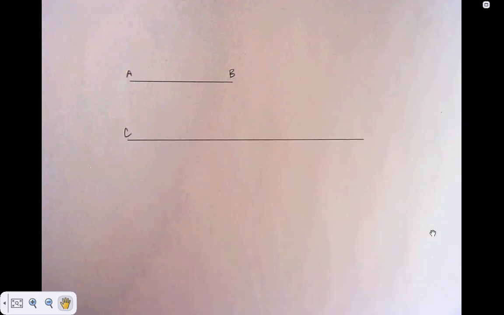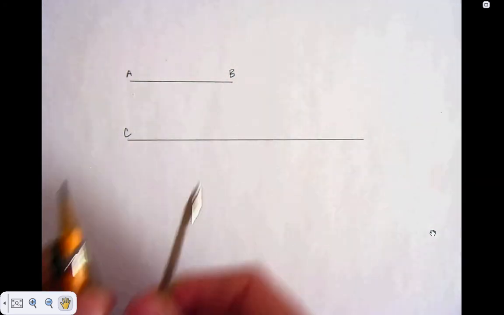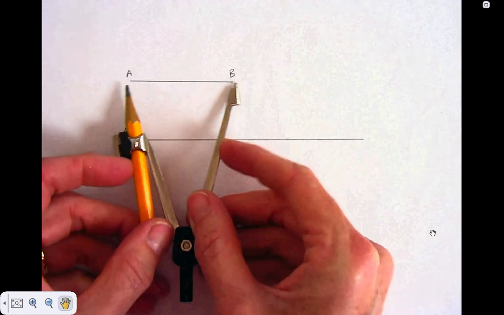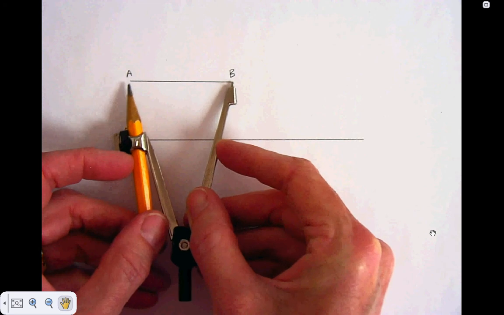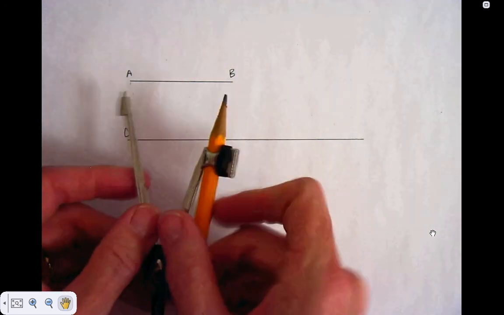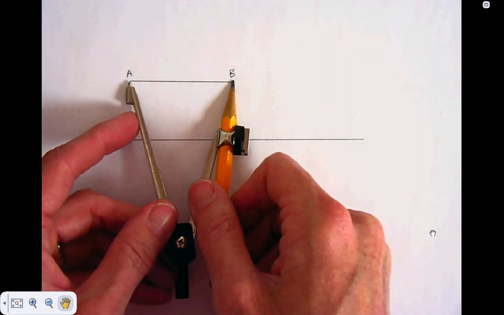Now you might be wondering, how do we use a compass to do that? Well, basically what we do is we measure from A to B using our compass. So put the point on B and the pencil point on A, or the other way, it doesn't matter which one. But this is how you get your measurement that we can copy.